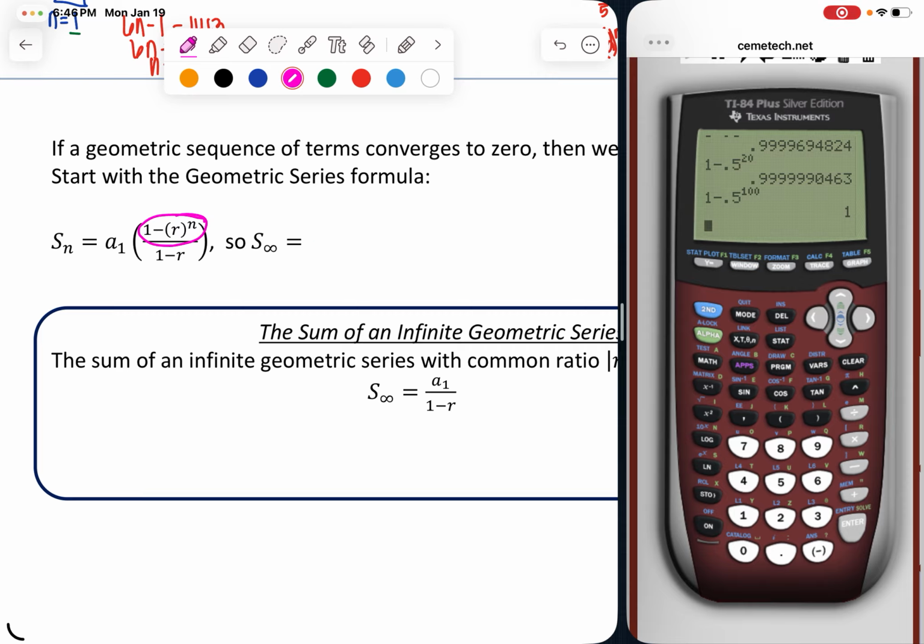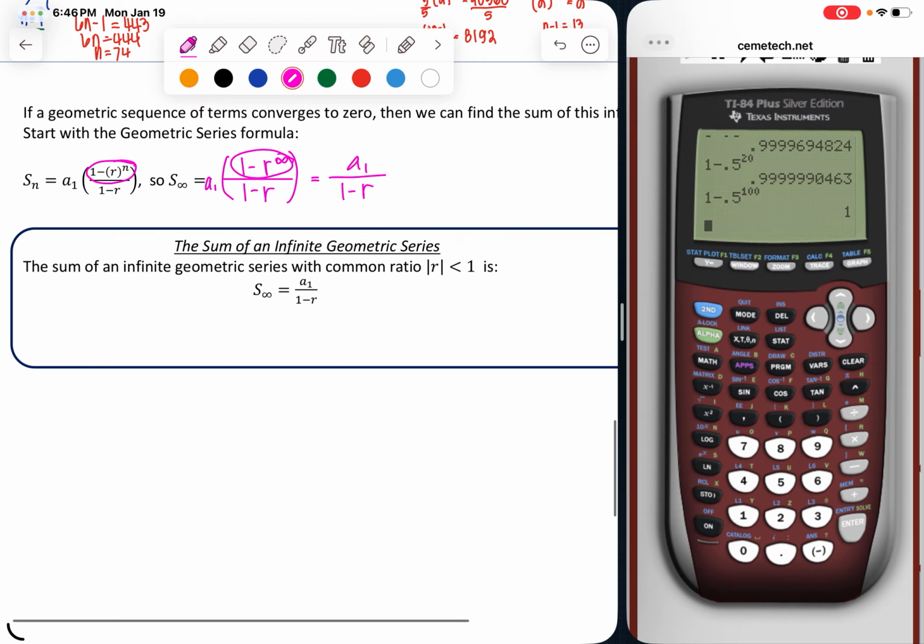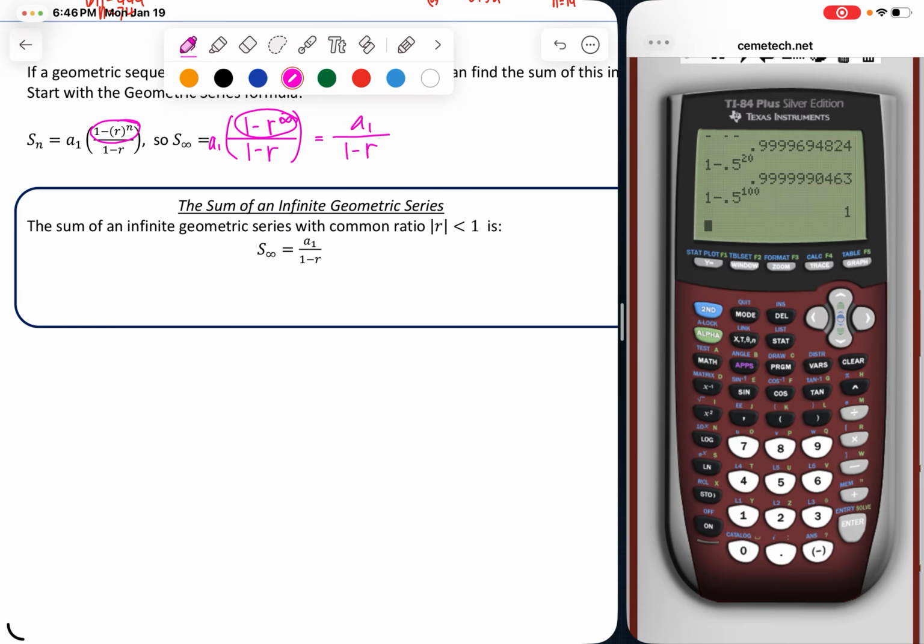If I do a sub 1, let's write it in front, because I will try to re-explain what I just did. a sub 1 times 1 minus r to the infinite power over 1 minus r. This is going to turn into 1, which is going to give us a sub 1 over 1 minus r. That was a little bit better of an explanation, but still it was horrible. Hopefully you fast forwarded through it and said, what an idiot. Okay, so the sum of an infinite geometric series, that's our formula.